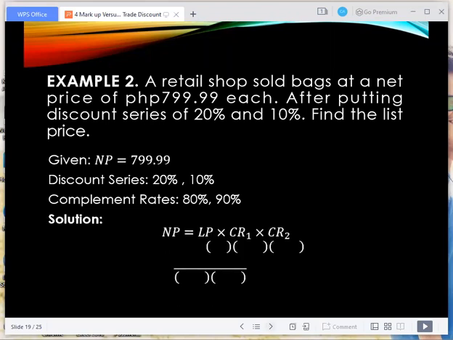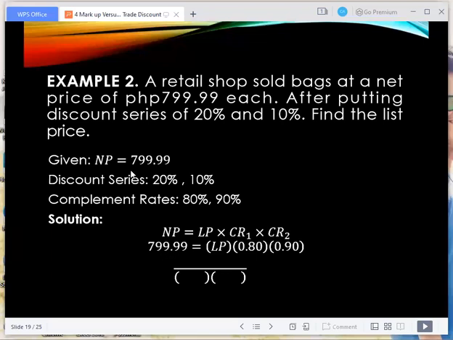So our net price, by the formula earlier, is the list price multiplied by the discount series. Now, since you have two discount rates here, you will have two complement rates. So you get a formula for the list price as the net price over the product of the complement rates.